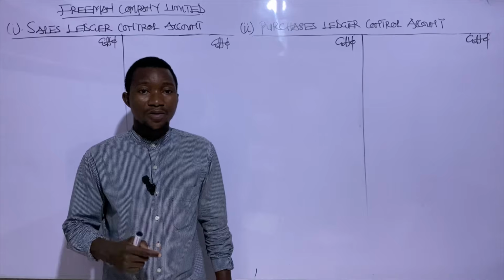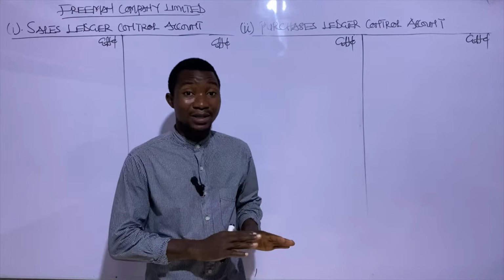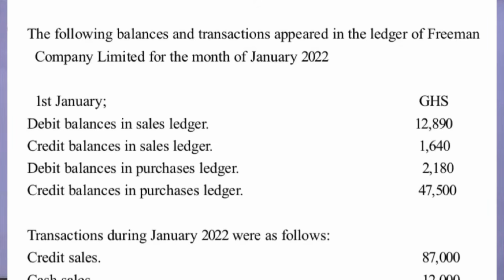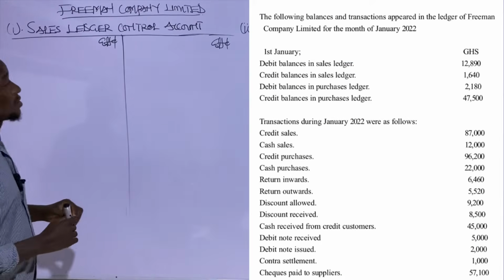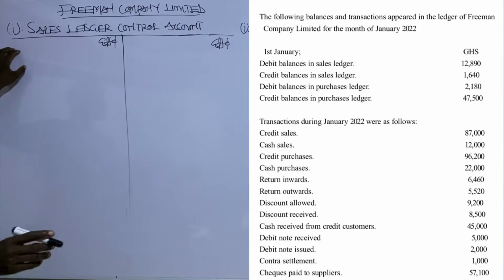So now let's go through the question and take the items one by one and try to record them in these two accounts. The first item from the question is debit balance in sales ledger, 12,890. This is the sales ledger control, and the question is saying debit balance, straightforward.